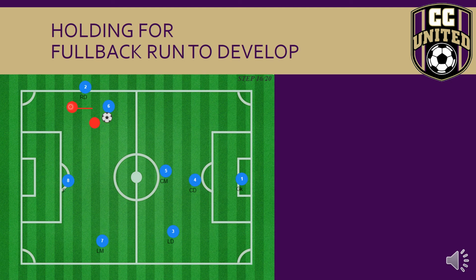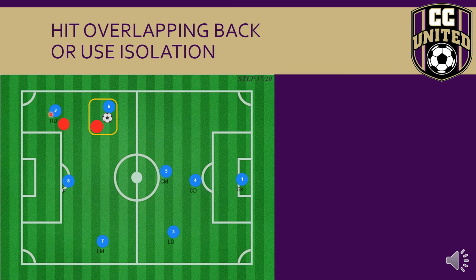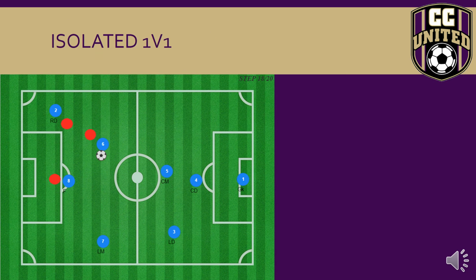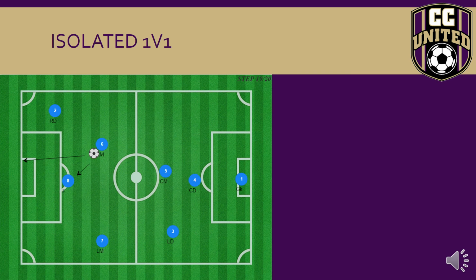So what was once a 2v1 down situation for player 6, when the fullback got into this position, it was now 2v2, as the fullback takes away that defender with their run, due to the outside midfielder holding the ball. It's created a 1v1 isolation for our outside midfielder to dribble in and attack, and now we have the choice of either going for goal or playing combination play with it.